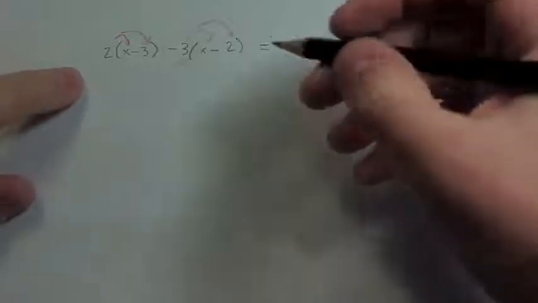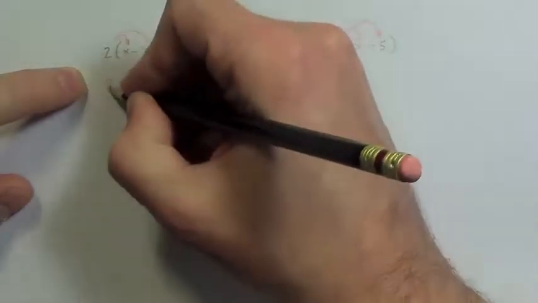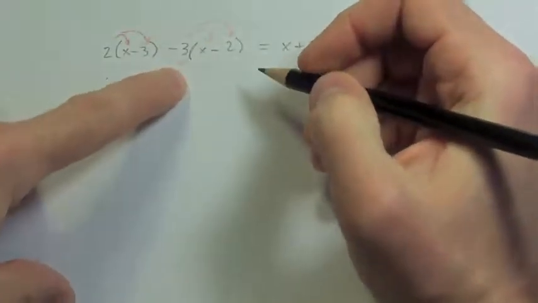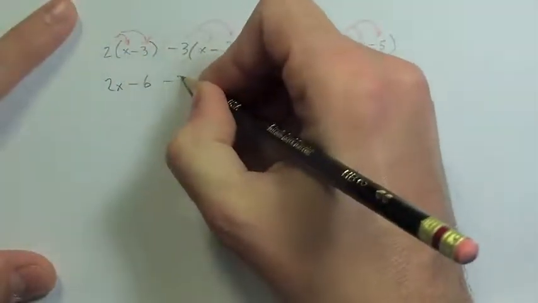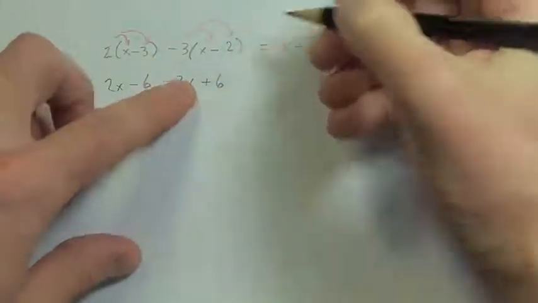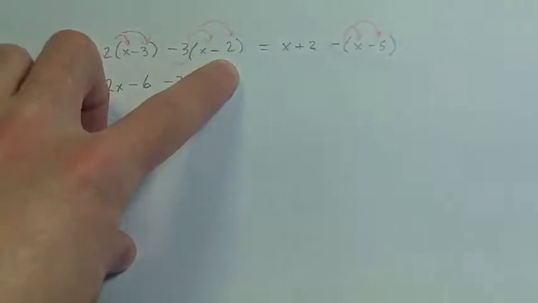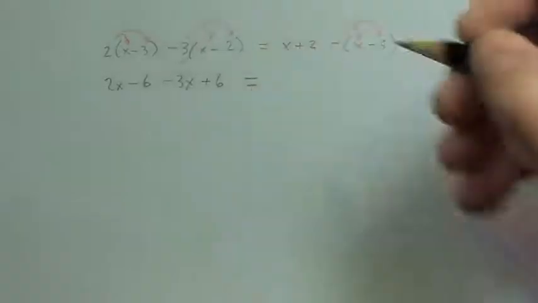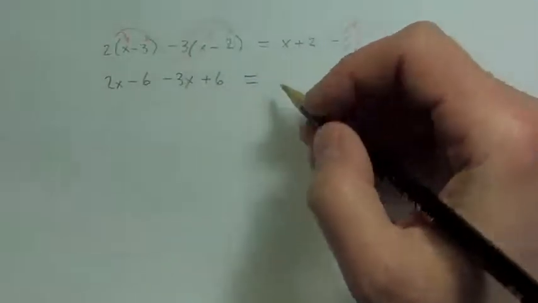Alright, so when we do this, distributing the 2, I'm going to get a 2x minus 6. When I distribute that negative 3, I'm going to get a minus 3x, then a plus 6. So remember, this negative 3 and the negative 2 will come together to give me a positive 6. So that's that on this side. Okay, on this side I have an x plus 2.